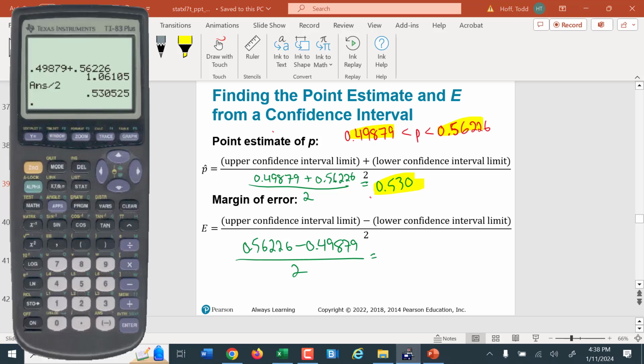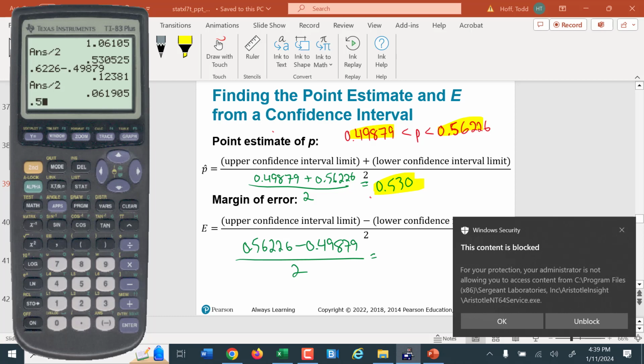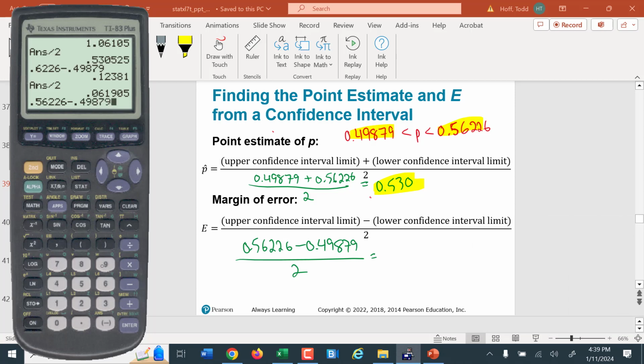So 0.56226 minus 0.49879. Hit equals again. Divided by 2, we get the point. Oops, I got a wrong number in there. 0.56226 minus 0.49879 equals, divided by 2, gives us 0.0317 or 0.032.